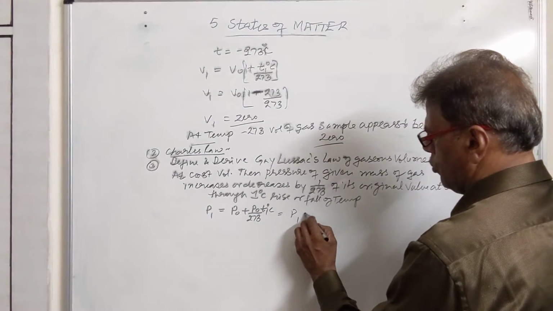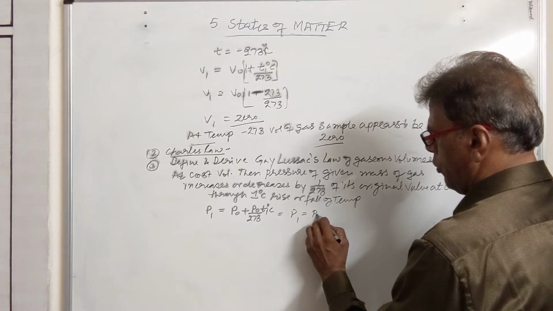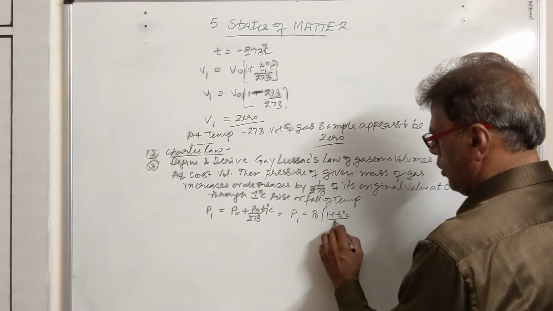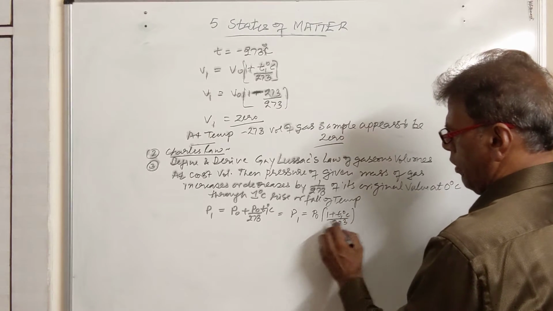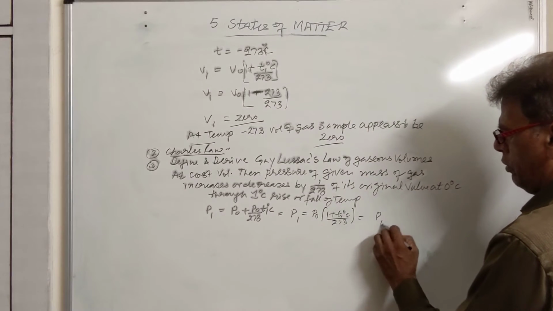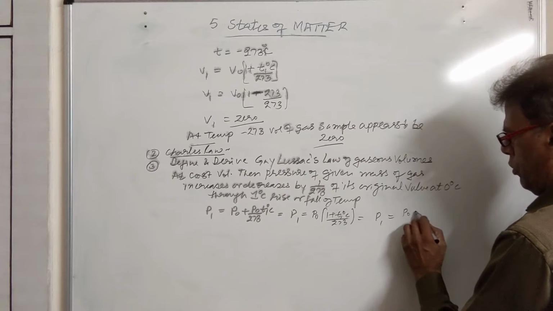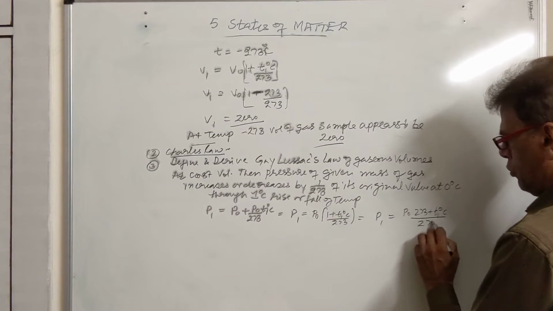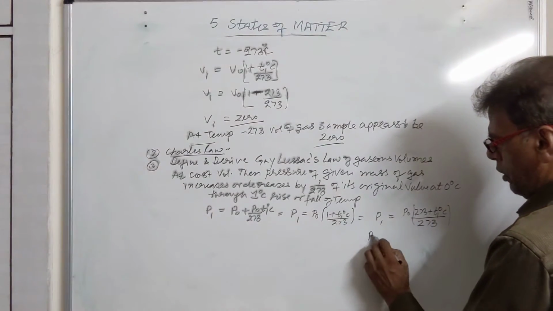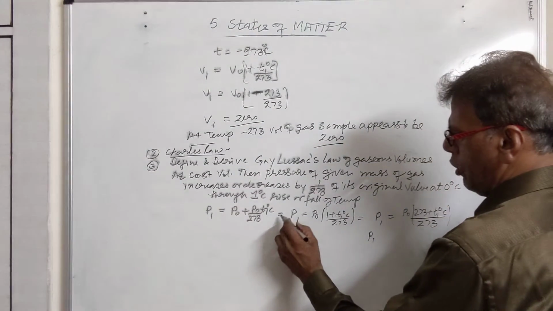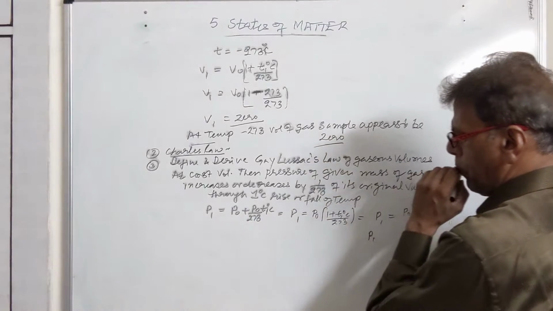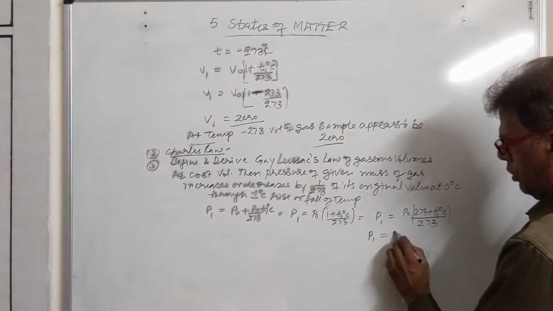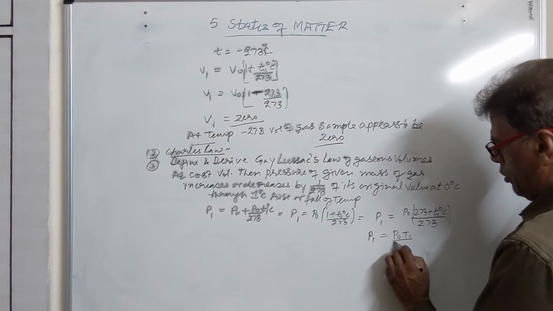P1 will be equal to P0 times 1 plus T1 degree centigrade upon 273, or P1 will be equal to P0 (273 plus T1) upon 273.